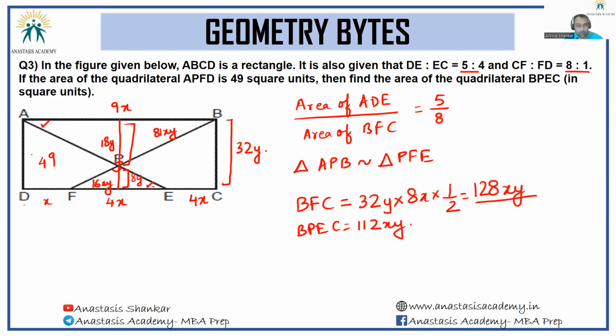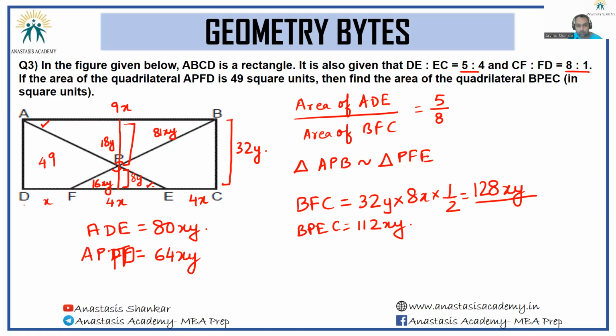Okay. Now look at this. ADE should be equal to 5x into 32y, so 80xy. Now APFD, not APDF, APFD should be equal to 80xy minus 16xy, so 64xy.